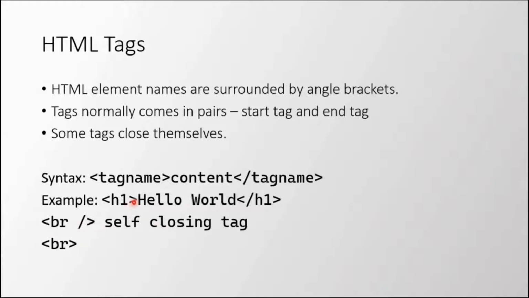For example, h1 means it is a heading tag, so it needs to display a heading. The text that must be displayed will come in between the starting and ending tags. But line break is just an action. It doesn't have any content to display. So there should not be two tags, one opening and one closing. You can simply use only one tag which closes itself.